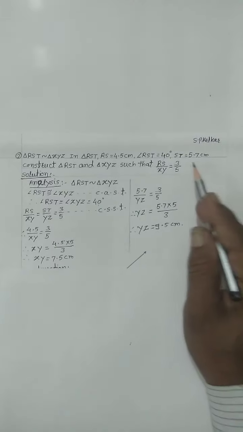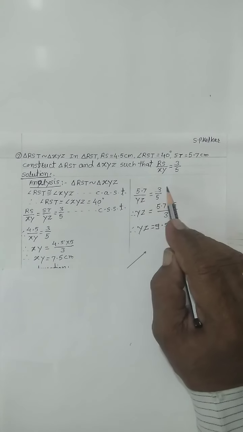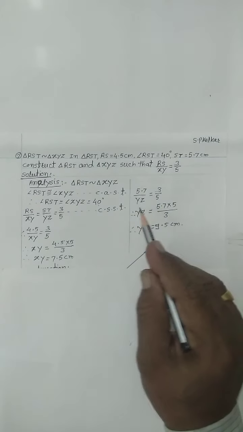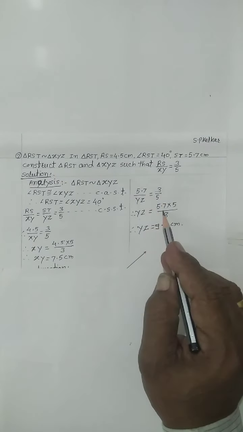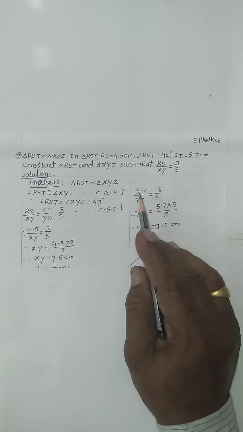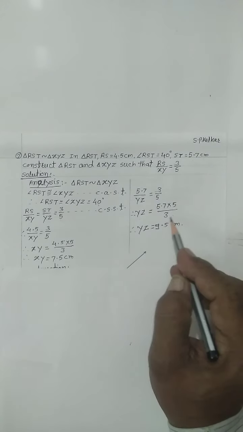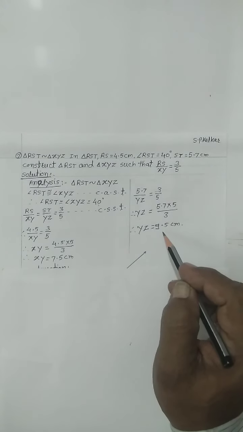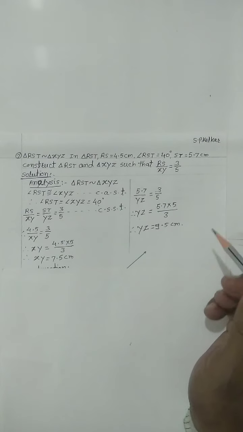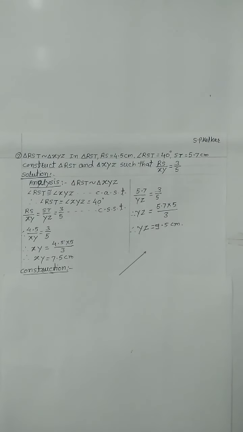Put the value of ST 5.7 centimeter divided by YZ equal to 3/5. Then YZ equal to 5.7 into 5 divided by 3. Then YZ equal to 9.5 centimeter. In this way we find out the length of XY and YZ.